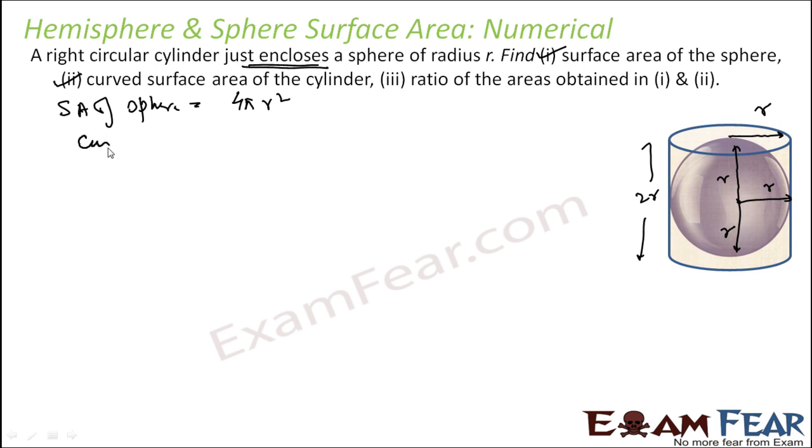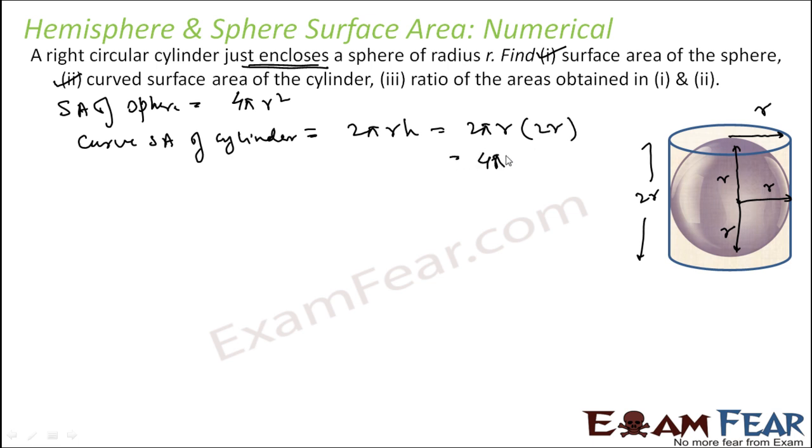So curved SA of cylinder is 2 pi rh, put the values. 2 pi r into h is nothing but 2r. You solve this, you get 4 pi r square. So the curved surface area of the cylinder is also 4 pi r square.